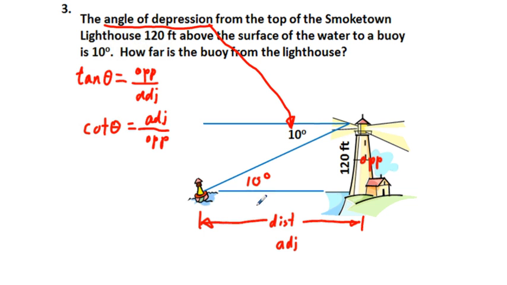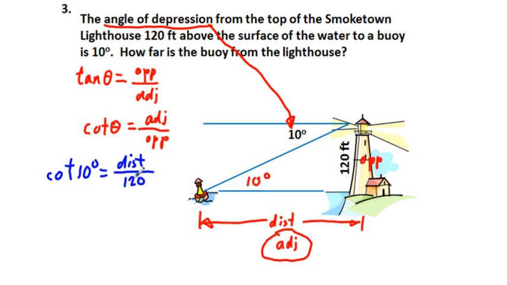Now we're going to be trying to solve for this adjacent, so the one that's going to work best for us would probably be cotangent. So we could say cotangent of 10 degrees is equal to our adjacent side, which we're going to call our distance, over our opposite, which is 120 feet.